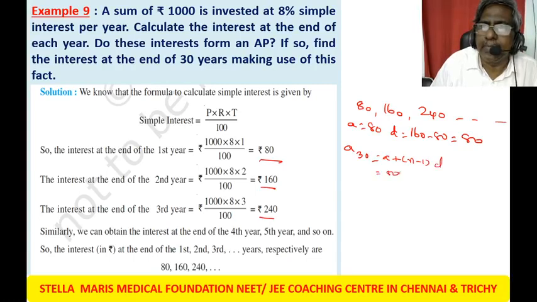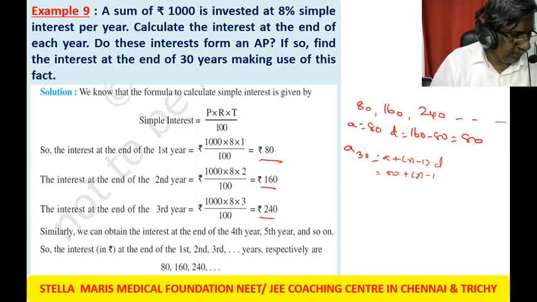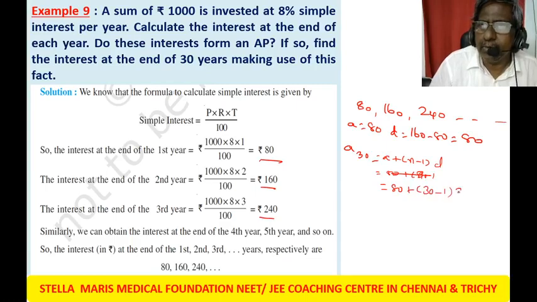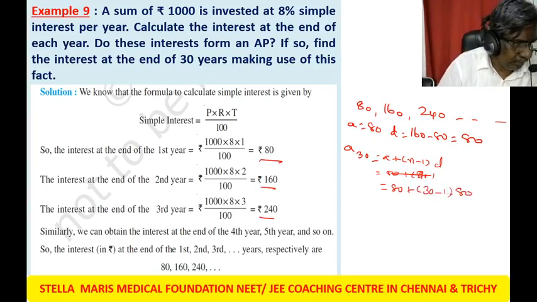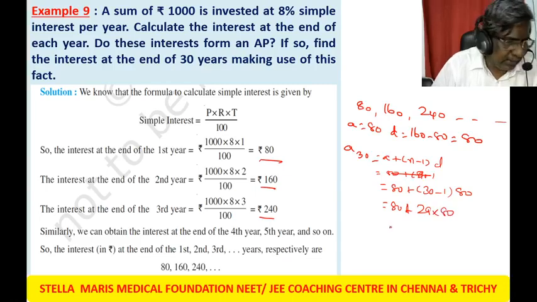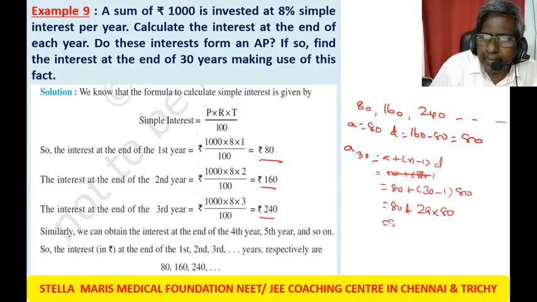A is 80, and n is 30. So it is 80 plus 30 minus 1 into 80. That is 80 plus 29 into 80. That will be 80 plus 2320, which is equal to 2400.